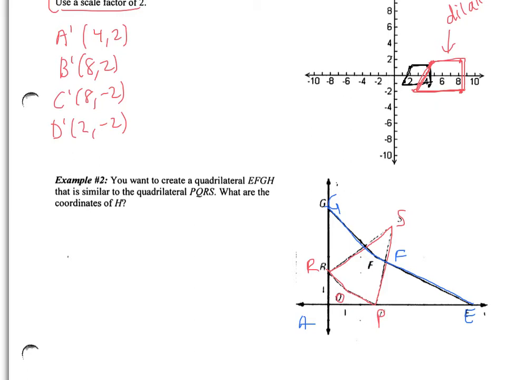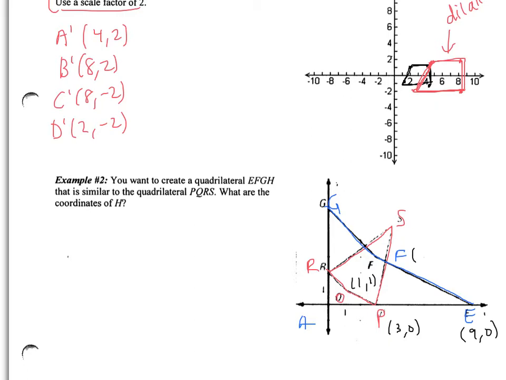We're going to start by marking the coordinates of all of these points. So mark them with me. I know it might be difficult for you to see on your paper. This point P is 3, 0. This point E is 9, 0, I think. This point Q is 1, 1.